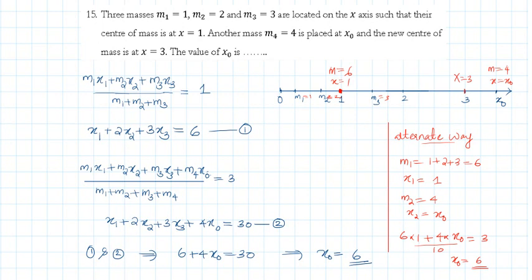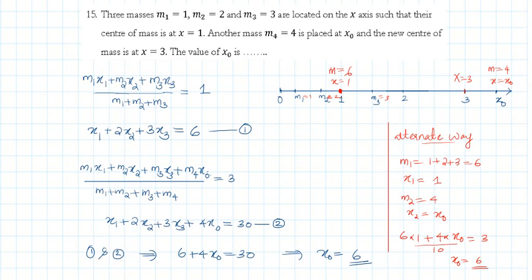You can apply m1 x1 plus m2 x2 divided by m1 plus m2 equal to 3. And here m1 is actually this 6 and x1 is 1. m2 is 4, x2 is unknown, that is x0, divided by total mass 10. This will also give you x0 equal to 6.